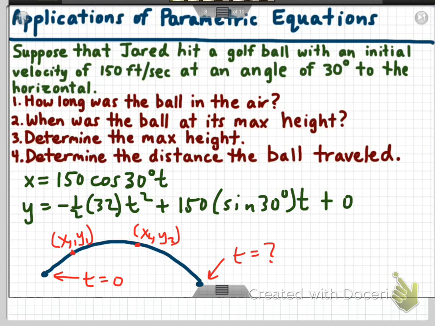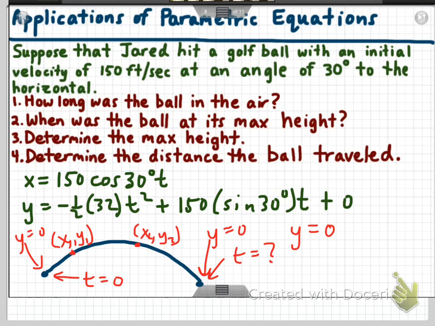To determine the length of time the ball is in the air, we solve the equation y equals 0. So why do we do that? If we solve y equals 0, we figure out what the t value is. We know that the y is equal to 0 at both of these locations.